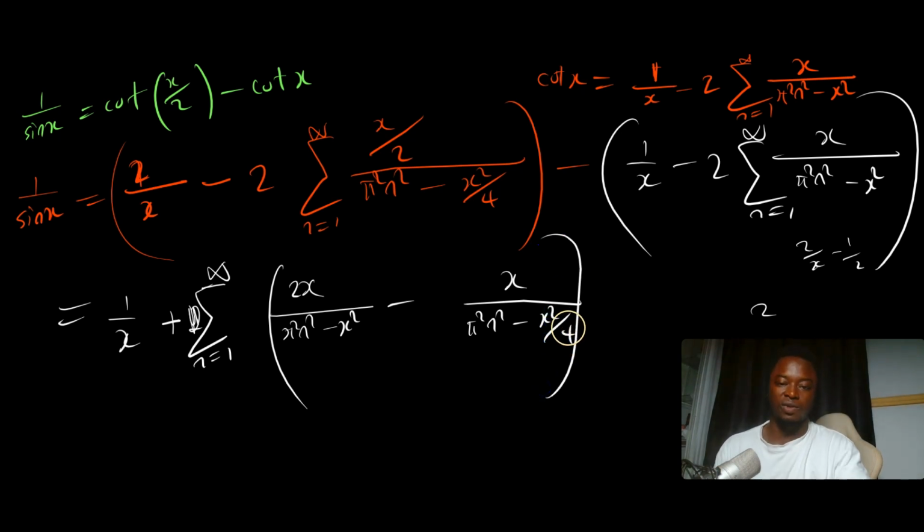So now we need to put this in one denominator. To do that, we will have a 4 here and a 4 here, and then you strike out this 4 at the bottom.